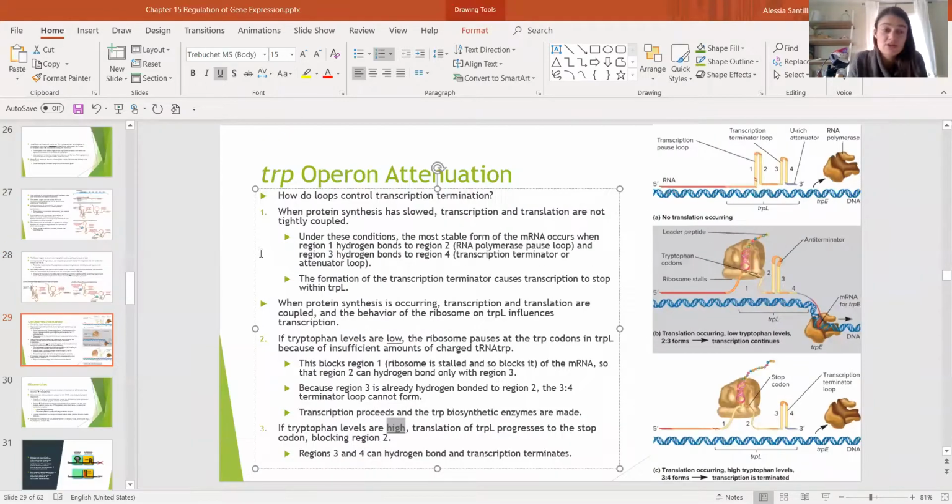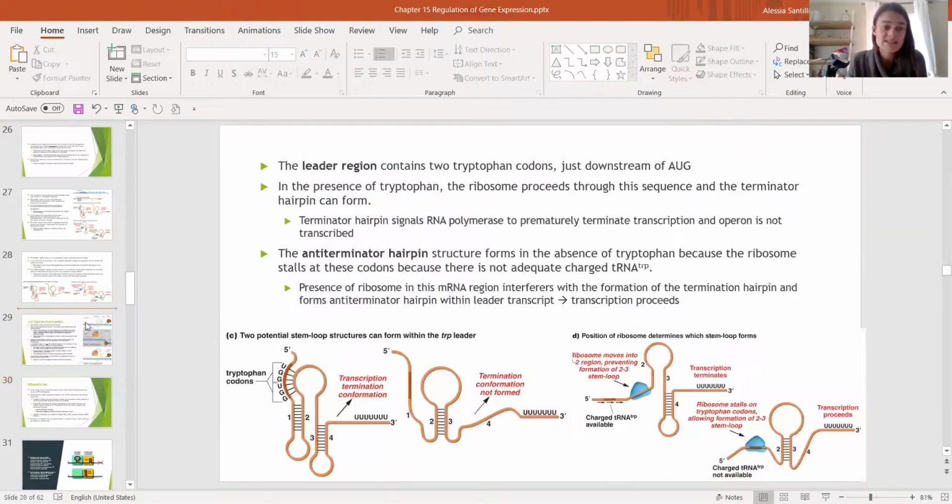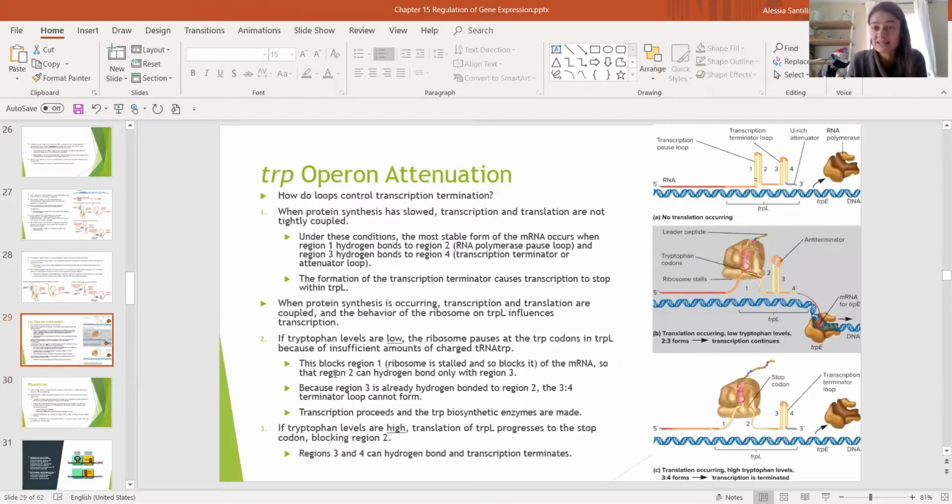So this is attenuation, and this is just an extra. So our tryptophan operon can be worked on by the repressor action, right? That negative control. And now we can see we also have this added regulatory control of attenuation as well when it comes to not simply transcription initiation, but actually a little bit past transcription initiation, a little bit into transcription elongation. And you can see how it's basically dictated by the secondary mRNA structures that are made, right?